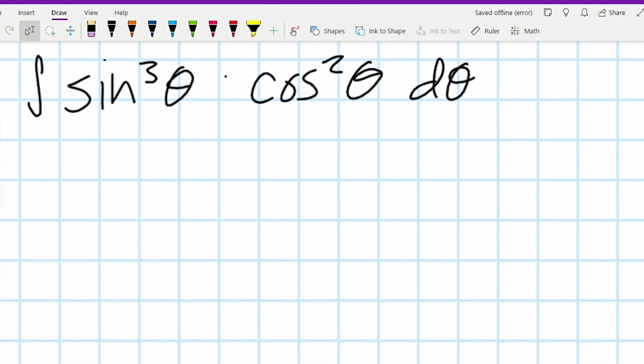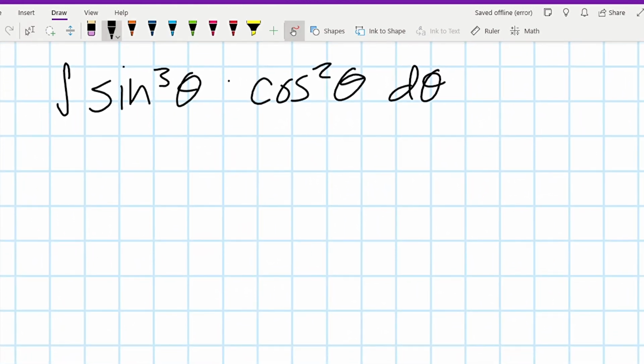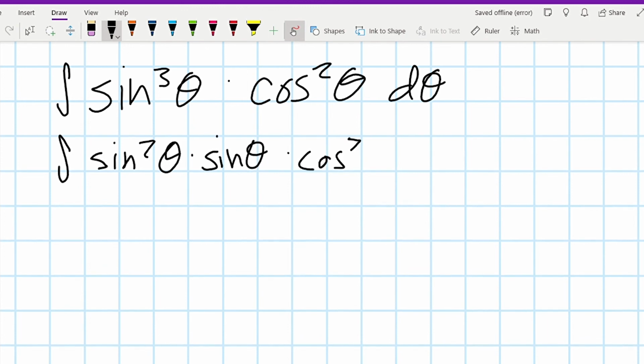And now we have this integral, but we still can't integrate it, so we are going to find another way to simplify this even more. So we can write this as the integral of sine squared theta times sine theta times cosine squared theta d theta.